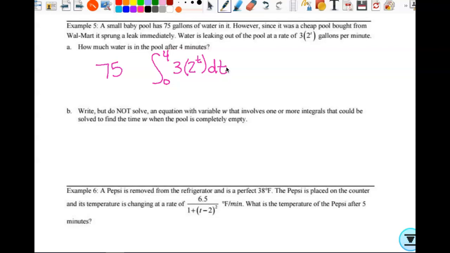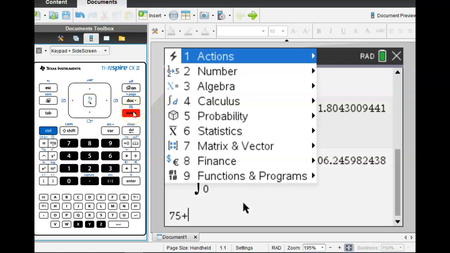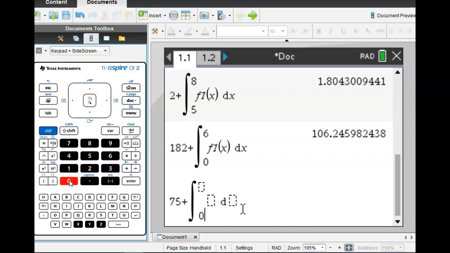Okay. All right, go ahead and let's do this. Let's just type it into the calculator part right here. So 75 plus, I'm going to do the integral, going from 0 to what? 4.